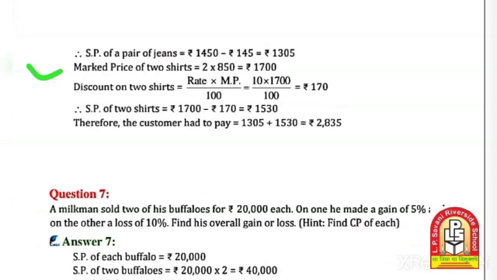Here, selling price of a pair of jeans is 1450 minus 145. I just subtract the discount from the marked price, so I got the actual price, which is 1305. The marked price of the two shirts is 2 multiplied by 850, so 850 multiplied by 2 is 1700.